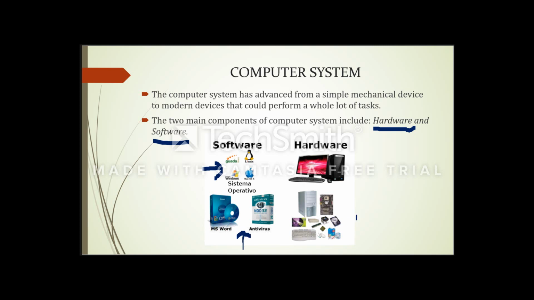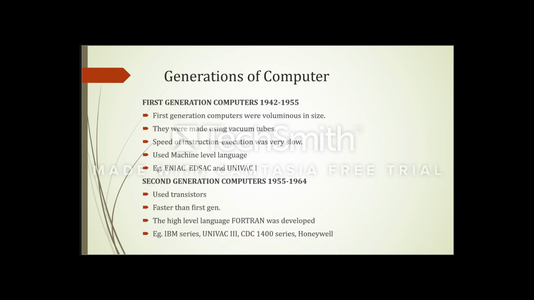System software helps to operate the computer, for example Windows, Linux, whereas application software performs different tasks, like MS Word helps to write and compose documents, whereas antivirus helps to protect from different kinds of viruses.